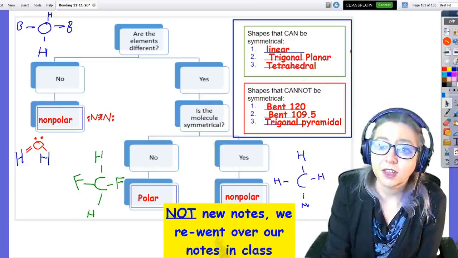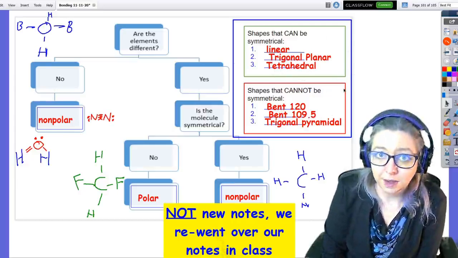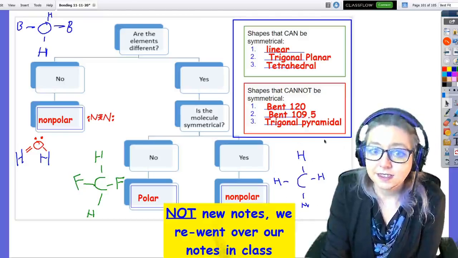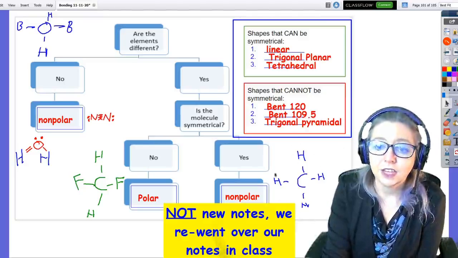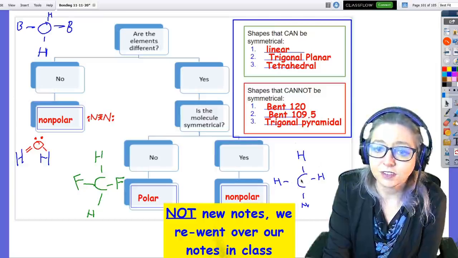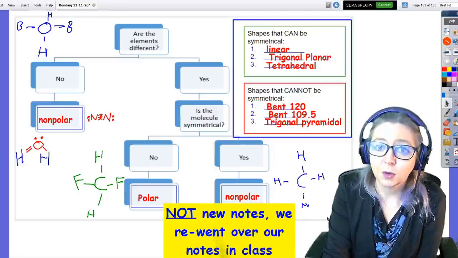If you do have a potentially symmetrical shape, you need to look at your compound. So here, CH4 is symmetrical, it is nonpolar. I have equal and opposite domains, and I have the same difference of electronegativity on all sides. So this is going to be nonpolar.